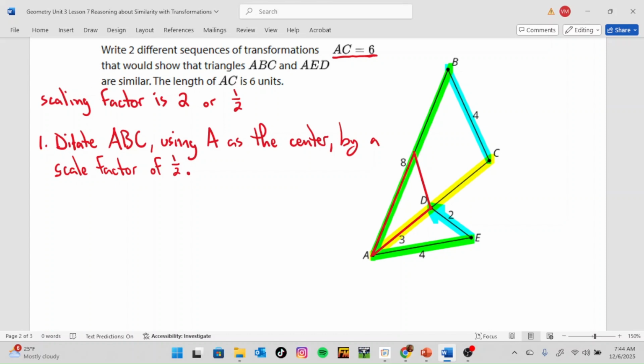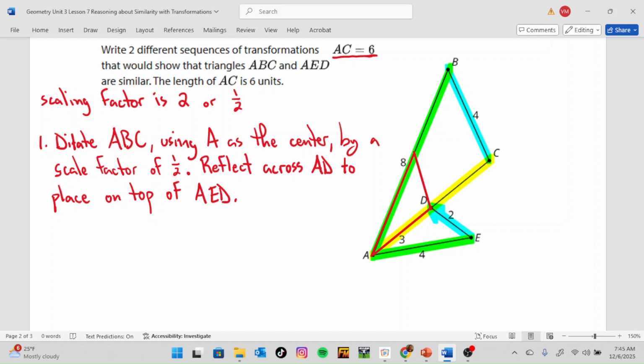Once we dilate it, we now need to reflect across AD to place it on top of AED.